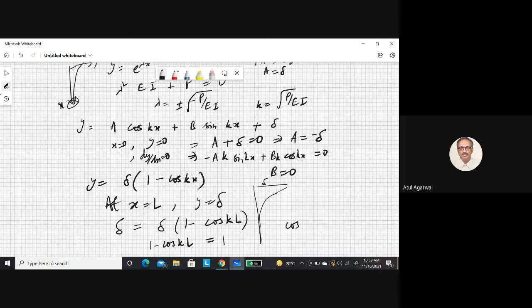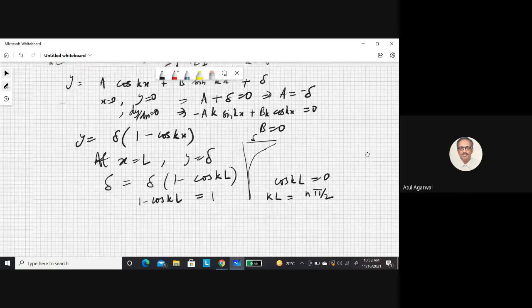Cos kL is equal to 0. So when will cos kL be 0? When kL is equal to pi by 2. Okay. kL is equal to n pi by 2.